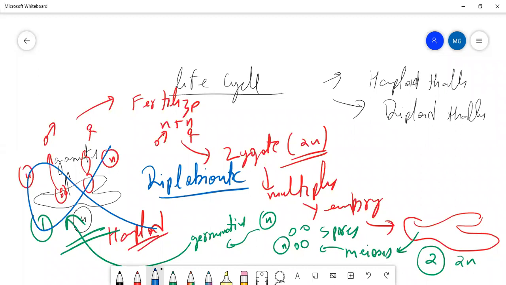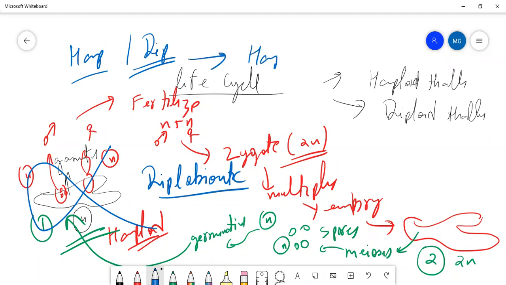So if we have such a life cycle, in which either we have a haploid phase representing the life cycle, or we have a diploid phase representing the life cycle, only one of them, either haploid or diploid, such a life cycle, which is represented by only a haploid or a diploid, we call haplontic.